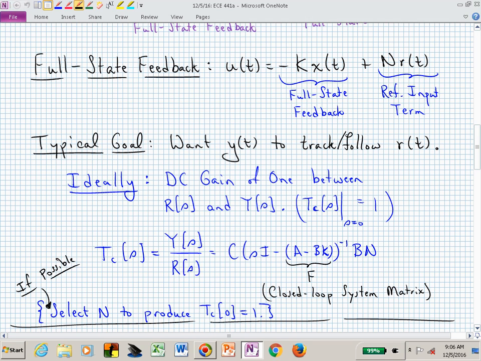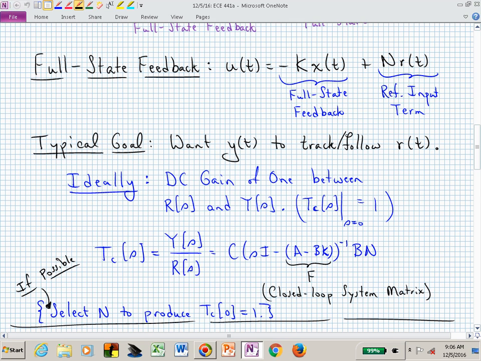And the capital N, which weights the reference signal going in, we can pick to adjust the DC gain, or the value of that transfer function at s equal to 0, to have a value of 1. That's what we're trying to accomplish with full state feedback.